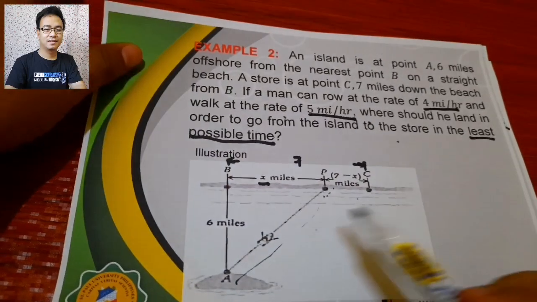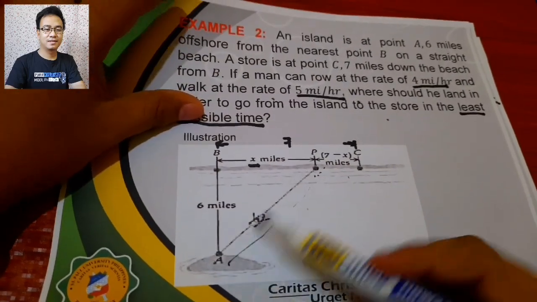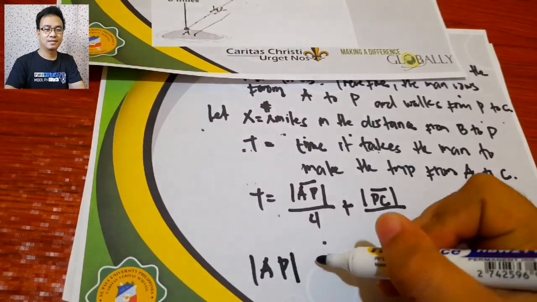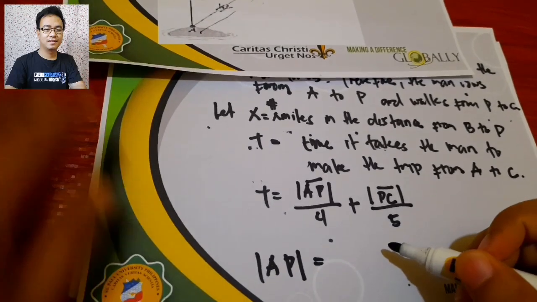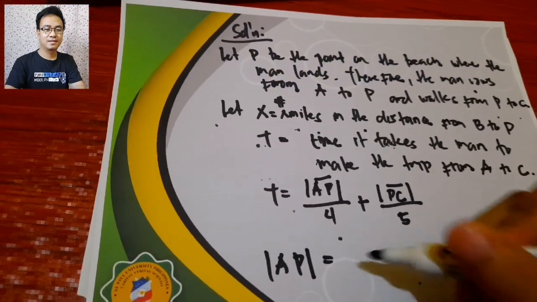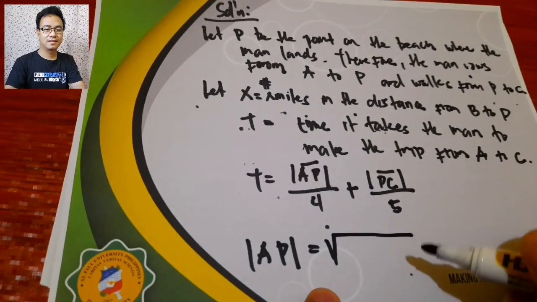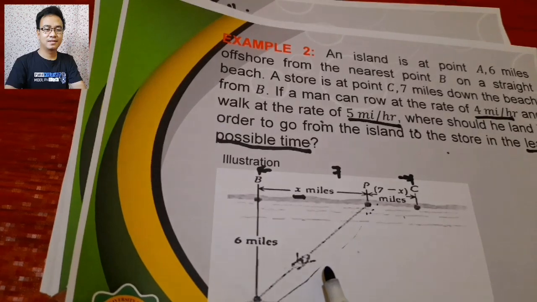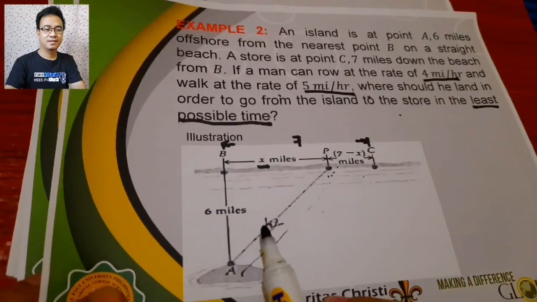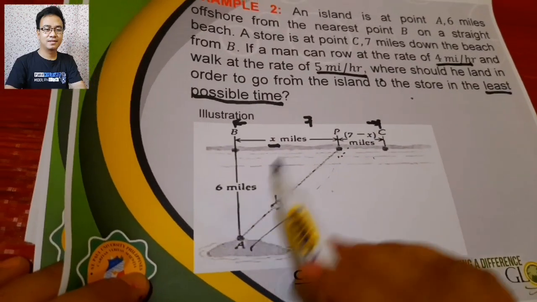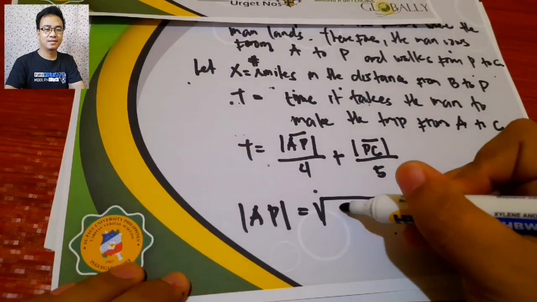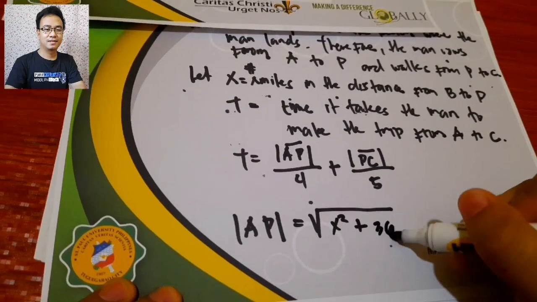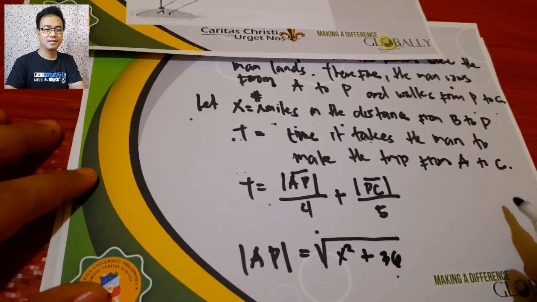Now, having that idea, how do we get the length of the hypotenuse? That is the square root of the squares of the two sides. This is the hypotenuse. How can we get this? We need to find the square root of the squares of the two sides. So therefore, this is the square root of x squared plus 6 squared, which is 36.